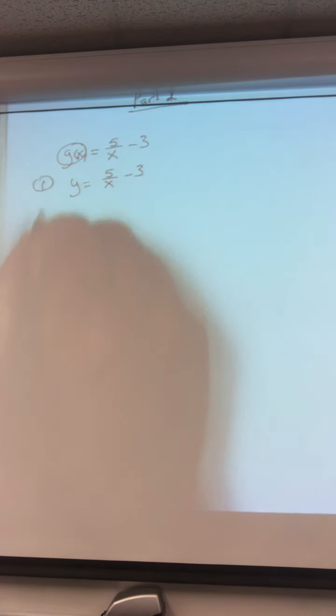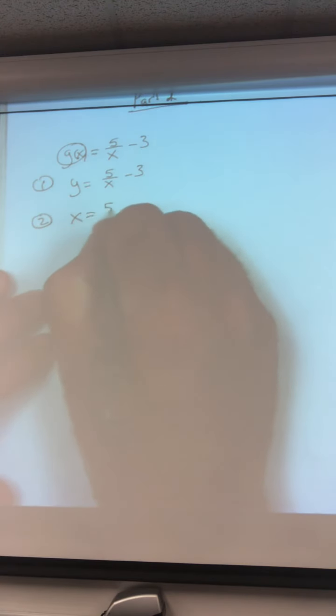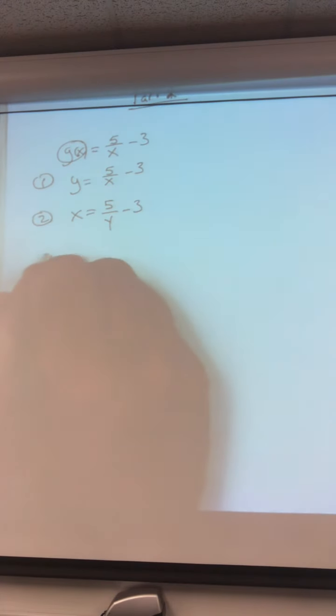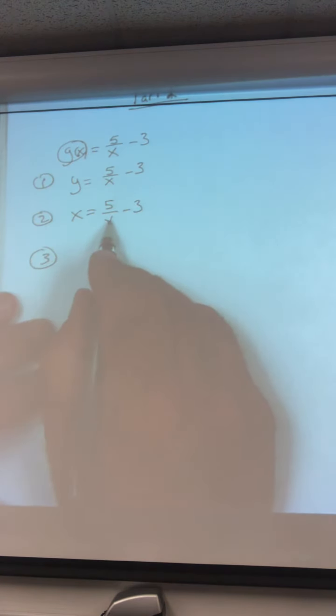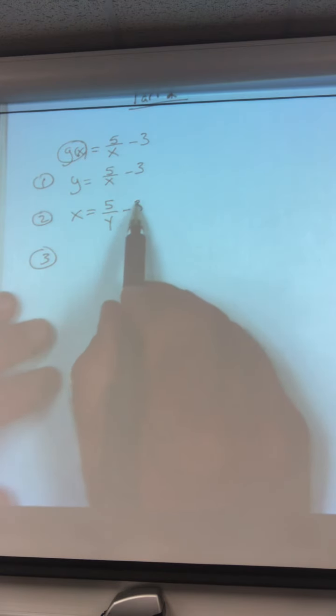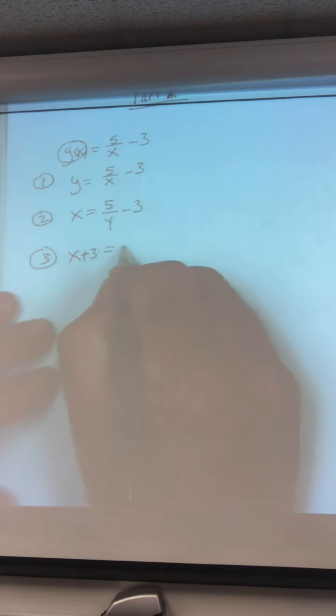That's step 1. Step 2, swap the x's and y's around. Step 3, get the y by itself. Okay, I need to do a couple of things. First, I want to move the 3 across to actually add 3 to both sides.